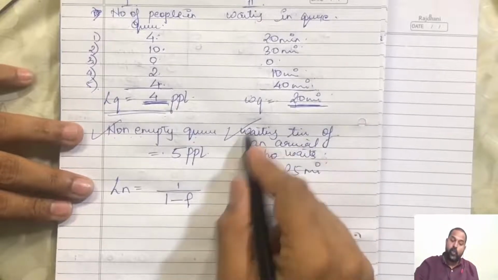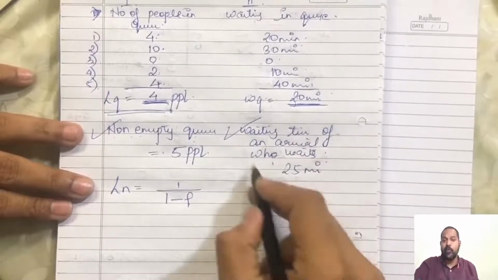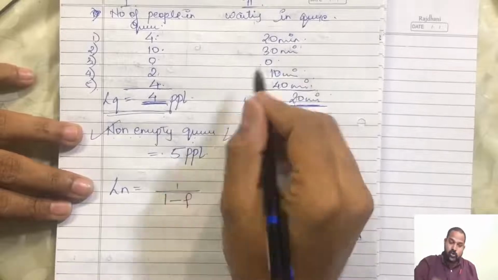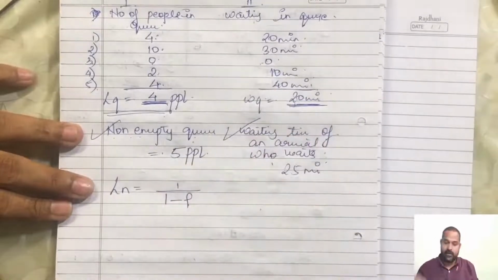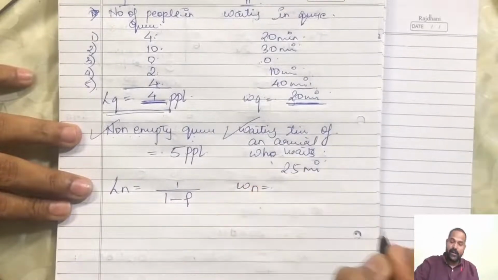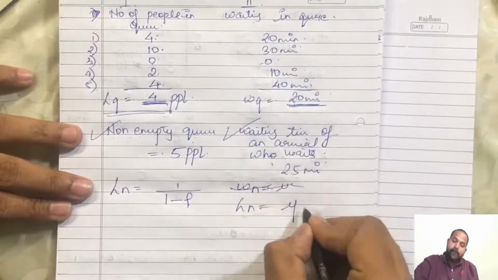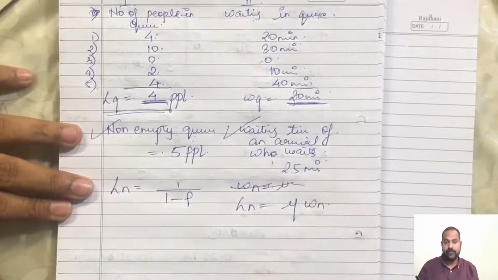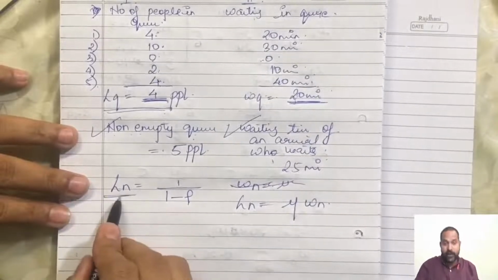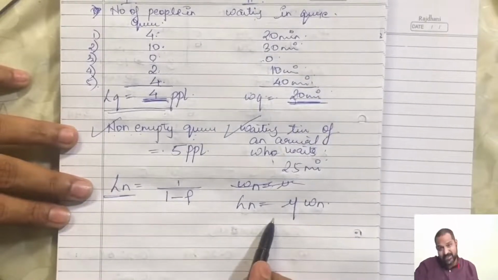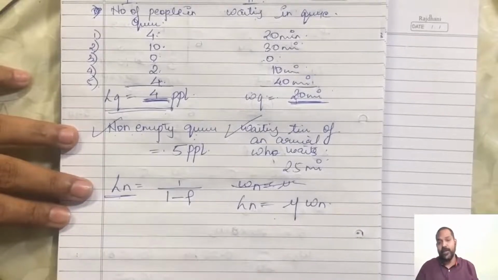And if you want to ask waiting time of a person who waits, so non-waitings will not be considered, and that is Wn, and that is given by Ln is mu Wn. Waiting time of an arrival who waits, length of a non-empty queue.